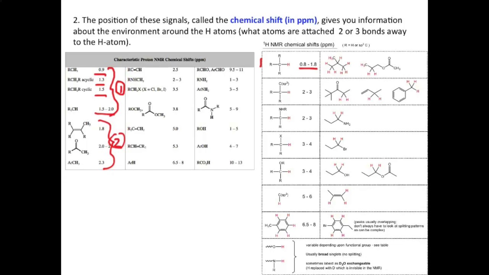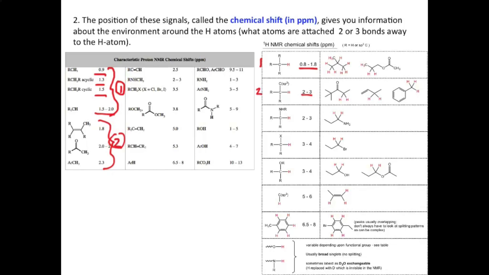And that is going to be the second row in my table. So if I have a hydrogen that's connected to an sp3 carbon, and that sp3 carbon is connected to an sp2 carbon, this hydrogen in red will have a chemical shift of 2 to 3 ppm. It'll come somewhere in that region.